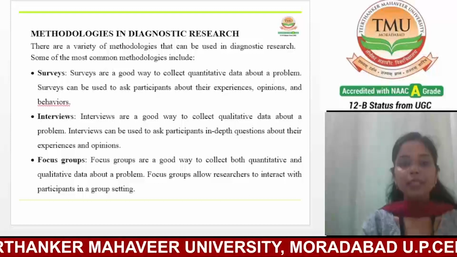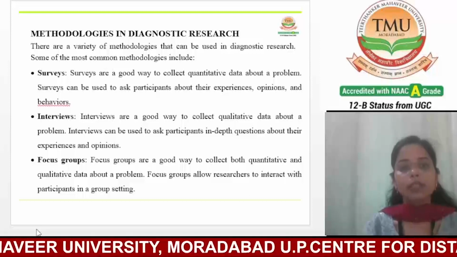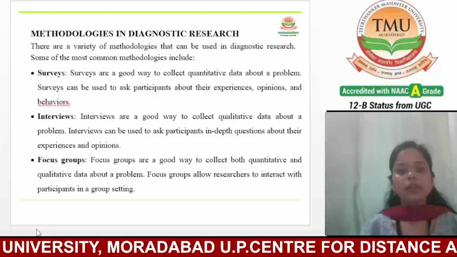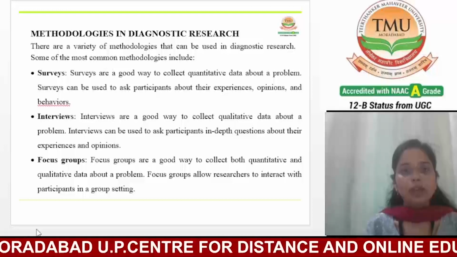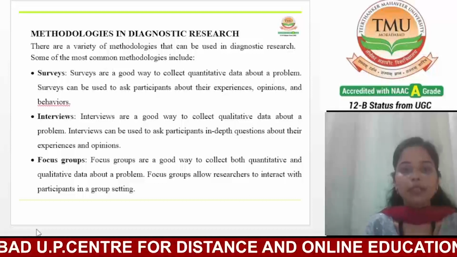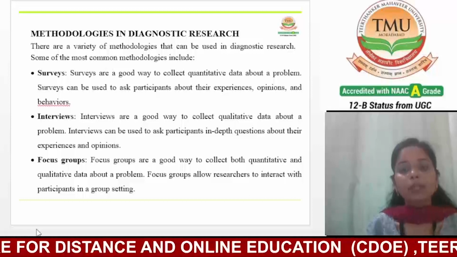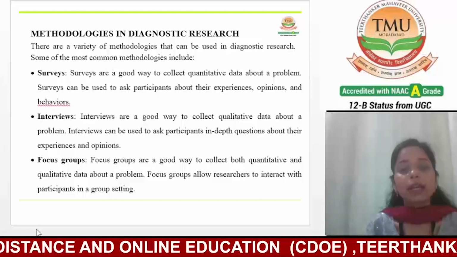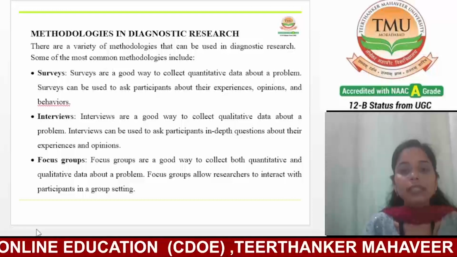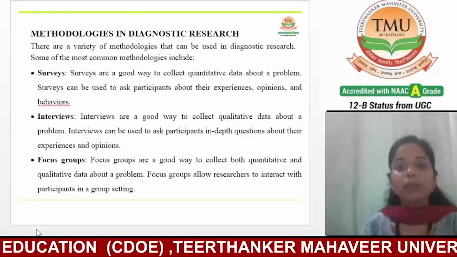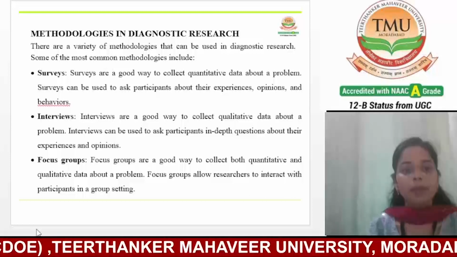As you can see, the first method is survey. Surveys are a good way to gather information from the participants, from the respondents. With the help of surveys, researchers can collect qualitative and quantitative data. Surveys can be used to ask participants about their experience, opinion, and behavior.